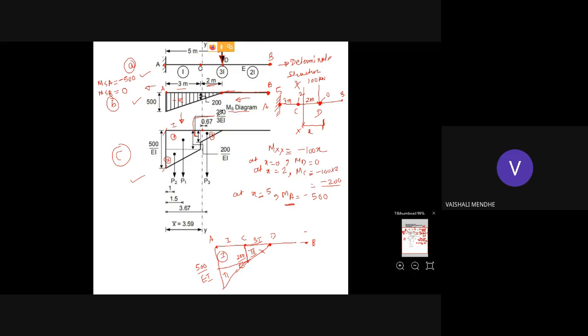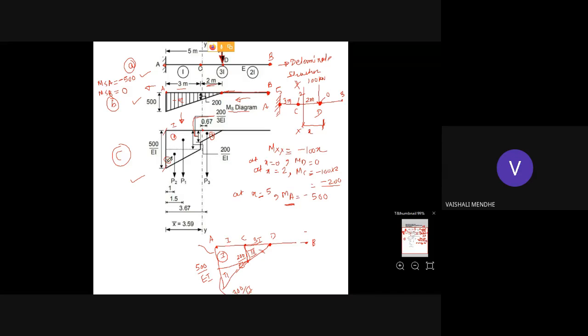For the rectangle, 500 by EI minus 200 by EI, you will get 300 by EI. So the total width is 500, 500 minus 200 gives 300 by EI, the rectangle has 200 by EI, and for this it will become 200 by 3EI.